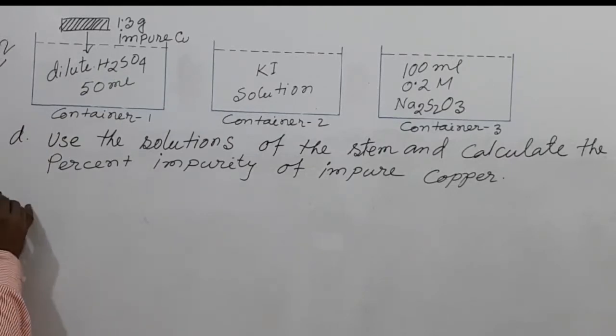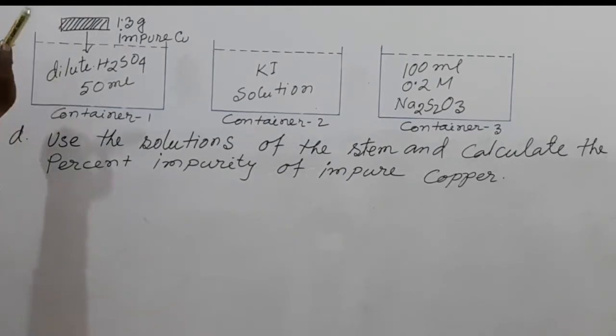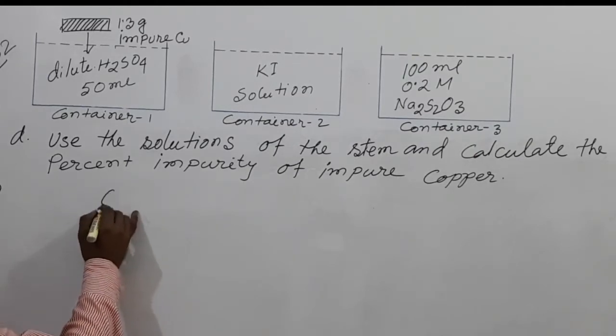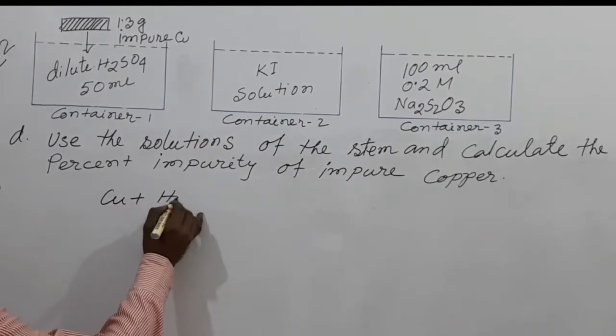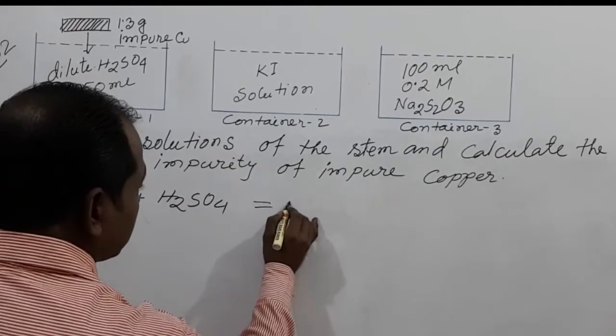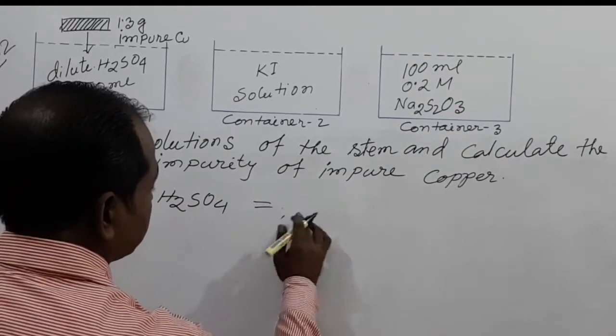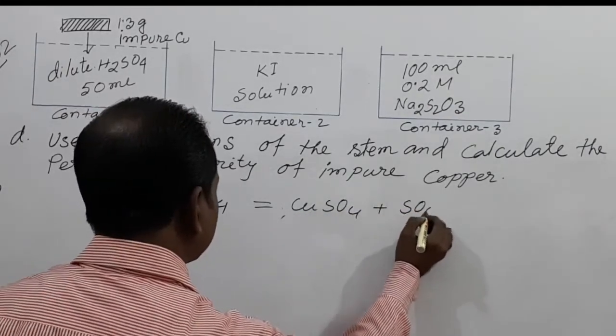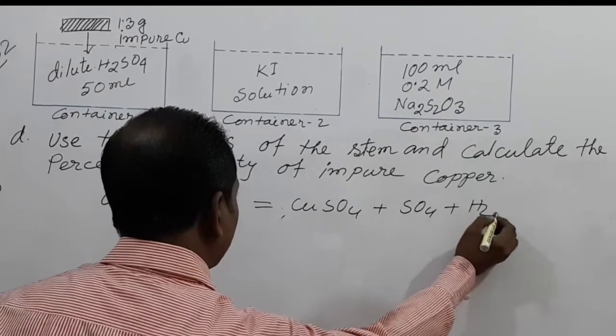In the stem, if copper is added to sulfuric acid solution, copper sulfate is produced, and the reaction is copper plus sulfuric acid, producing copper sulfate plus sulfur dioxide plus water.